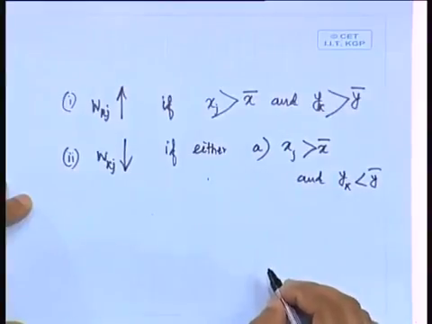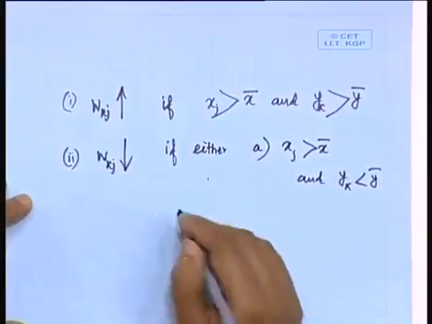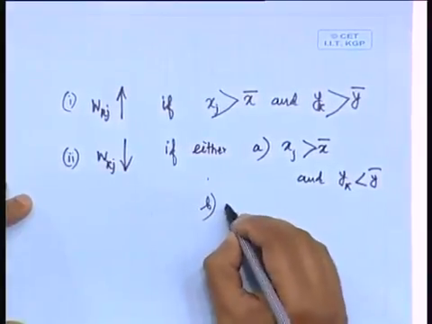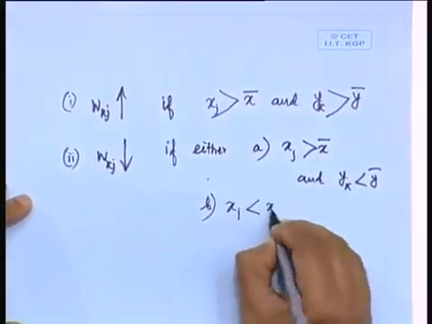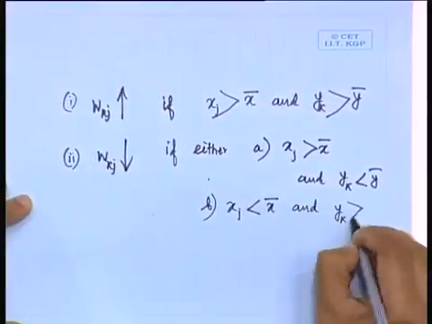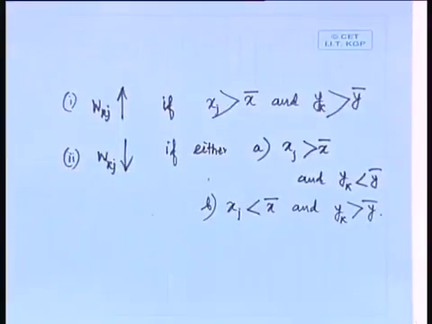If that is the case, then w_kj decreases in strength, or also the other way, that means to say if we have x_j less than x bar and y_k greater than y bar. Okay. So, this is what the covariance hypothesis is giving us.